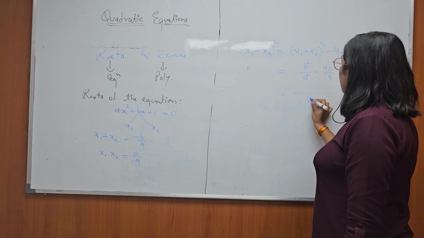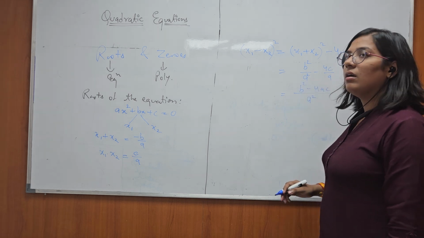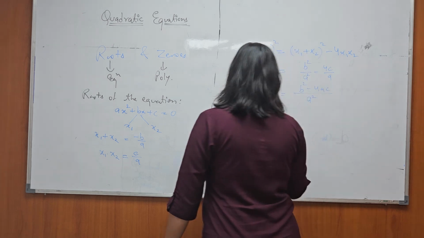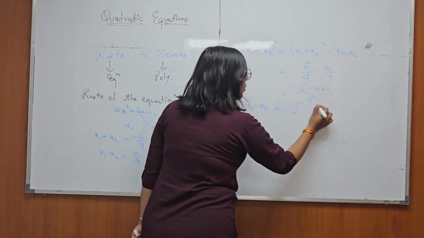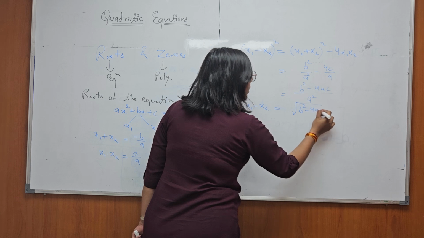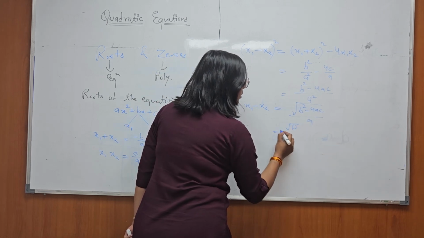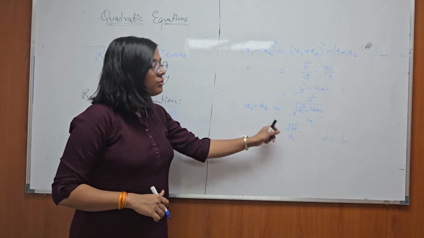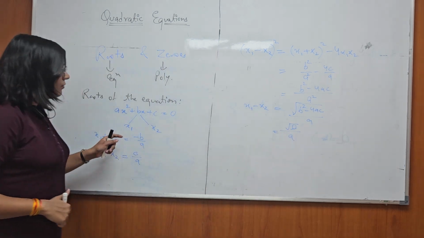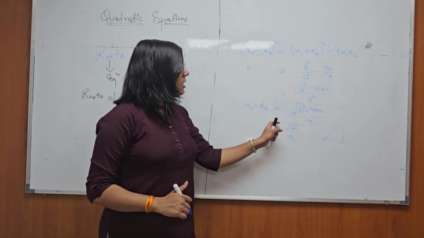If we take the LCM here, we get b square minus 4ac upon a square, and hence x1 minus x2 will be under root of b square minus 4ac upon a, that is under root D upon a. So this is difference of roots for a quadratic equation. Sum of roots is minus b by a, product of roots is c by a, and difference of roots is under root D by a.